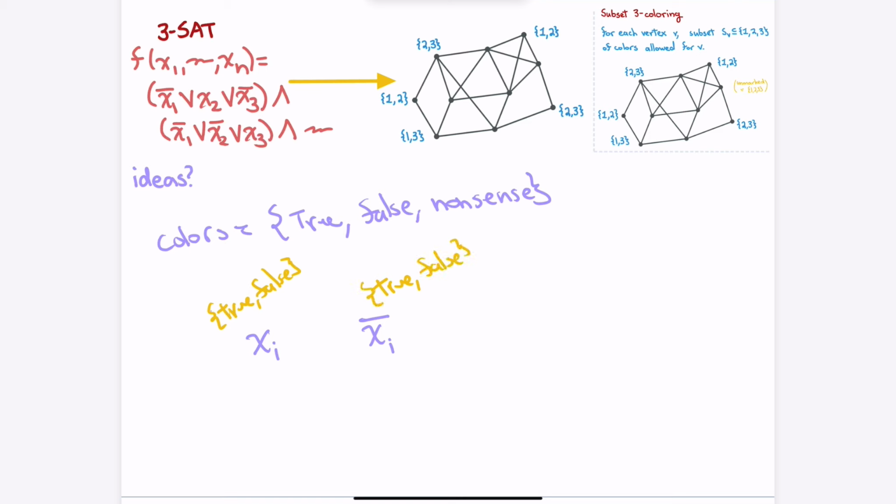And since I'm not allowed to assign true to both xi and xi bar, I can add an edge in between. Okay, so this seems like a reasonable start. Assigning colors to vertices at least corresponds to assigning true or false to our variables, and we're getting the whole idea that you can't set it to true and false.